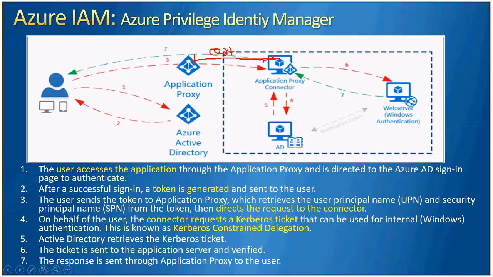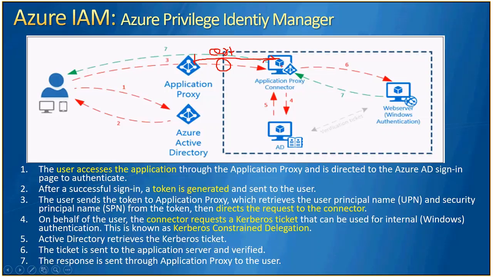Yeah, so basically what happens is your user gets authenticated from Azure AD, and then information about that user is extracted from the token, like the user principal name and service principal name. The application proxy extracts it and puts it into, as I said, a virtual queue, which is Azure Service Bus.